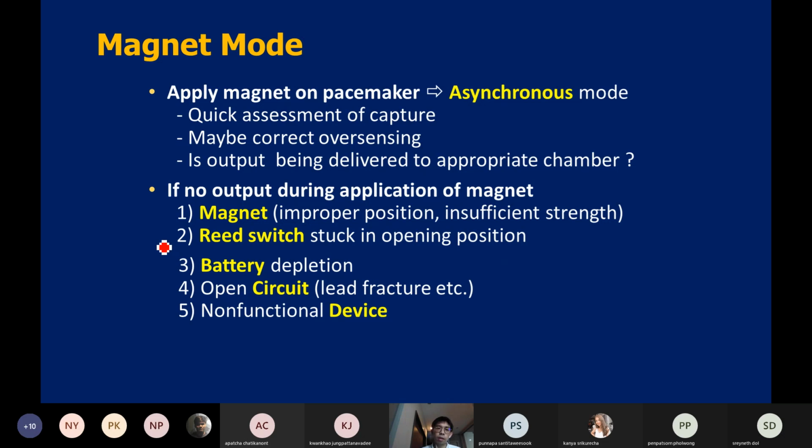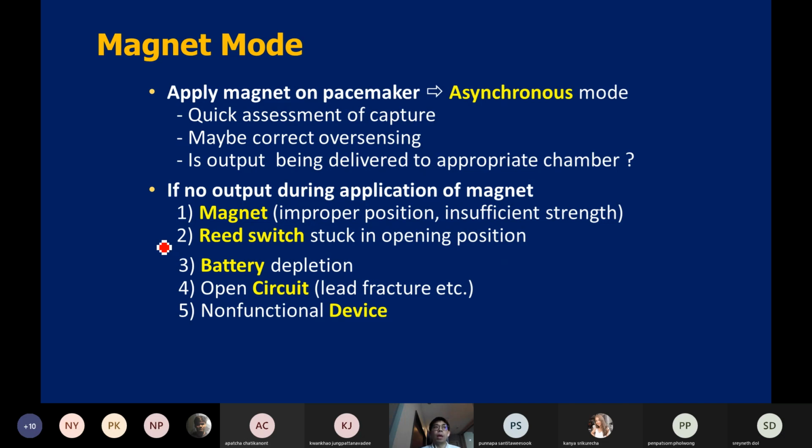Another benefit of magnet mode is you can assess that the output is being delivered to the appropriate chamber. Because if you have a dual chamber pacemaker and you put a magnet mode in, the pacemaker would also change to DOO.